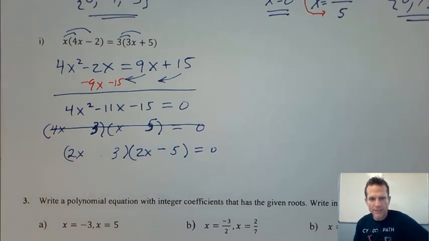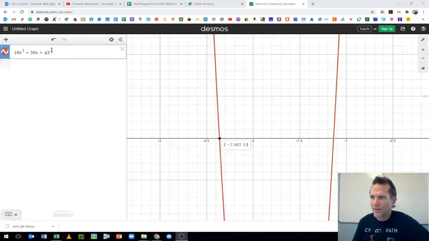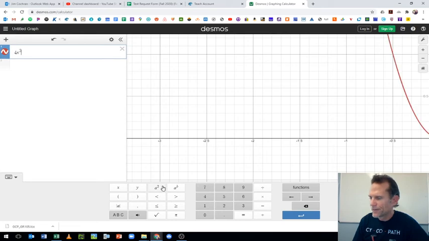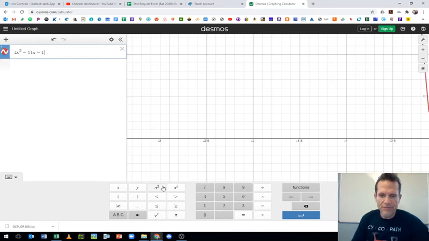I'm going to check this in Desmos again, and we'll see whether this works out. Okay, so I have 4x squared minus 11x minus 15.